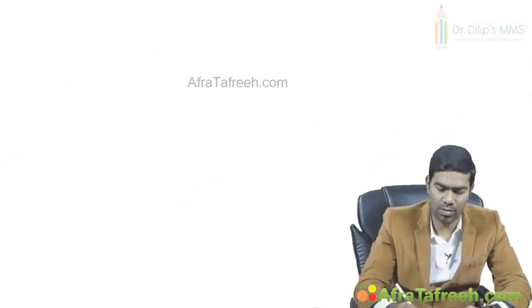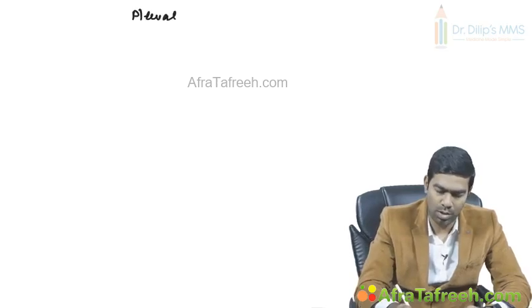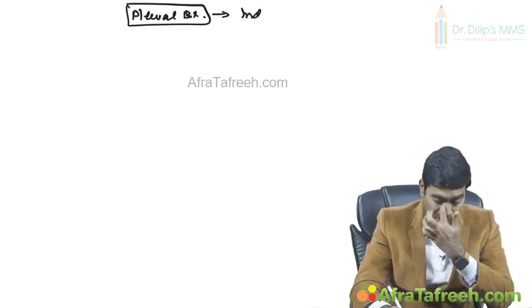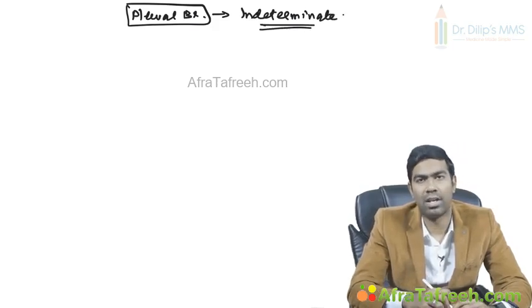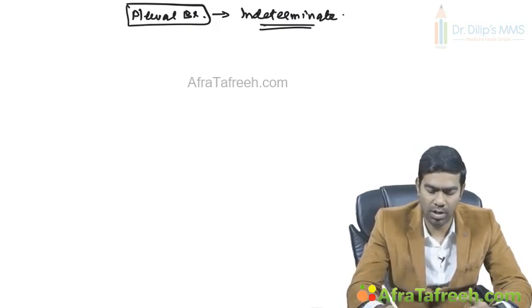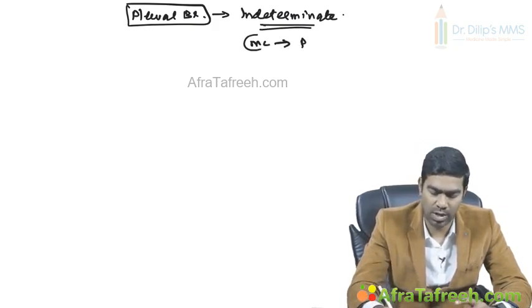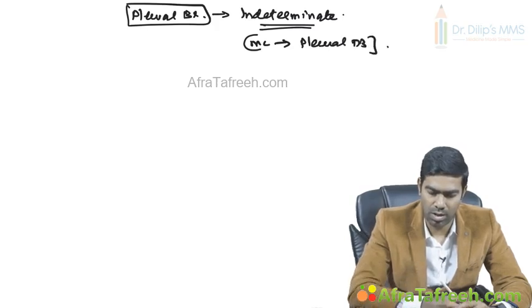Now, when we do a pleural biopsy, what are the indications for doing it? We typically do it only for indeterminate cases, where the effusion is not diagnostic at all. But very commonly in India, we do it for diagnosing pleural tuberculosis. Clear?